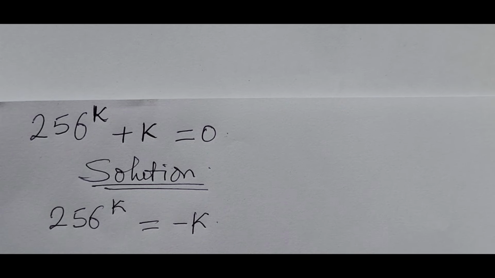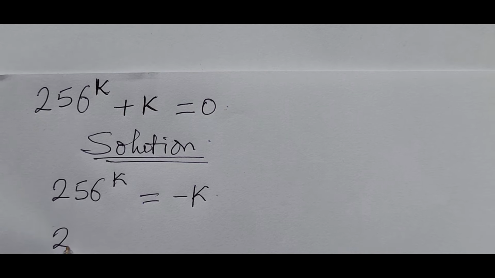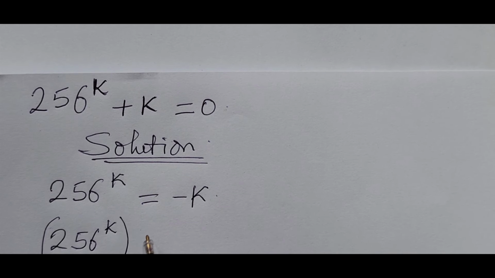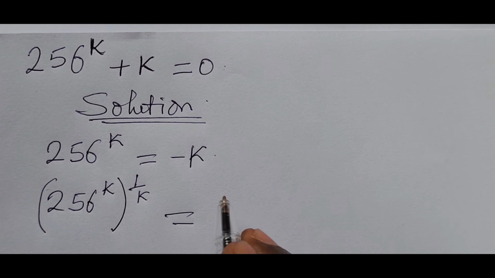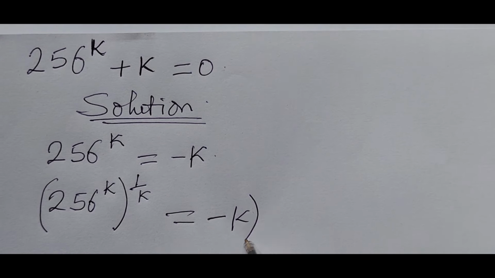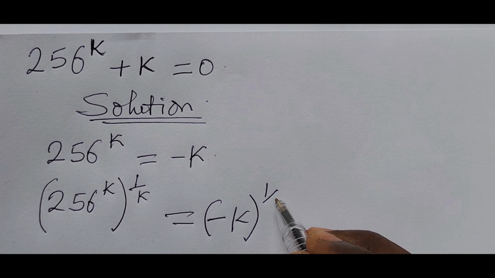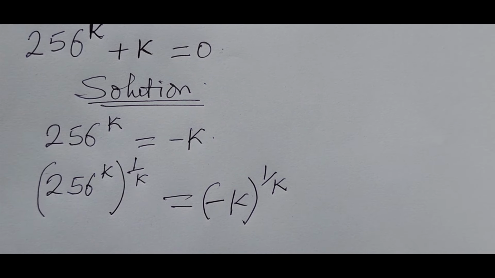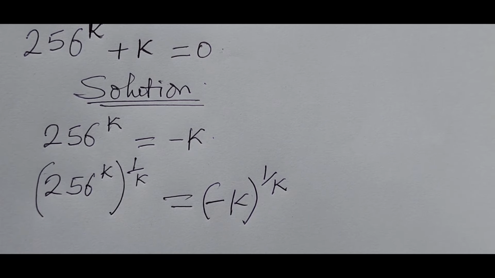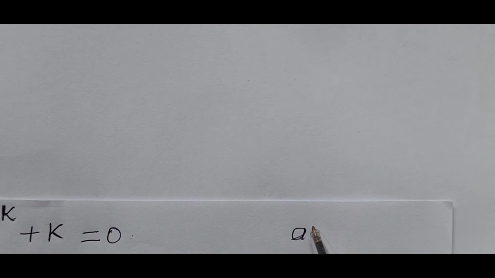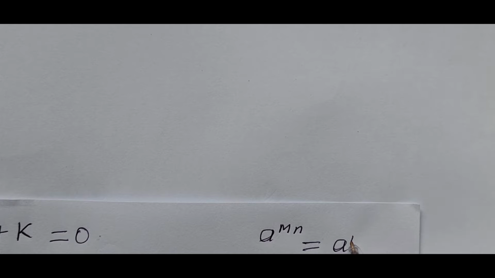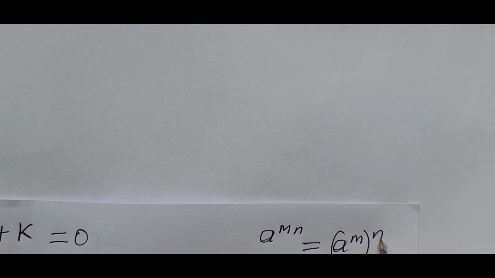And so this is going to give us 256 raised to the power of k, all raised to the power of 1 over k, equal to minus k, all raised to the power of 1 over k. Right? Good. So with this, if we apply the law, we see that a to the power of mn is the same thing as a to the power of m, in brackets, raised to n.